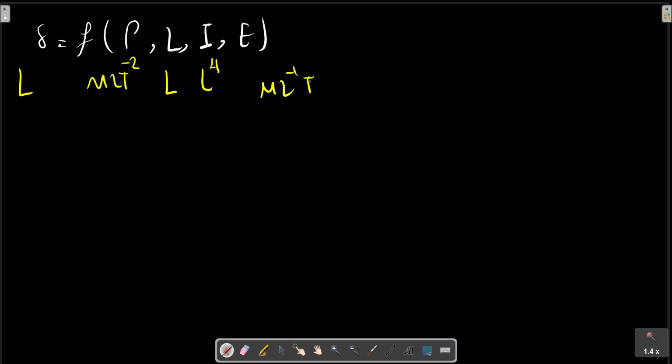E is M L^-1 T^-2. There is only one parameter that contains M.